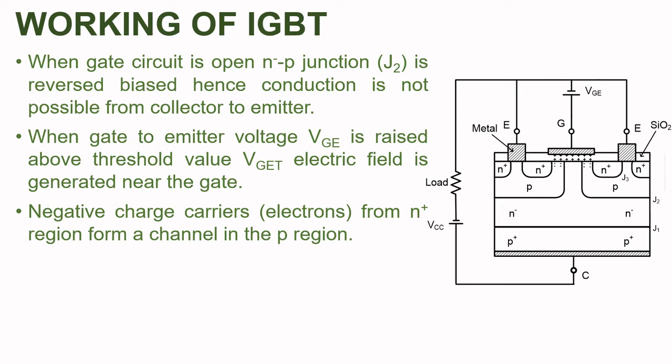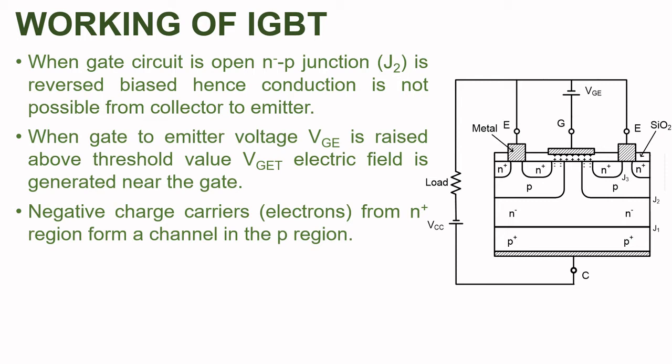But when the gate terminal is provided with a higher voltage as compared to the emitter, then an electric field is formed between the gate terminal and the semiconductor below the gate terminal.